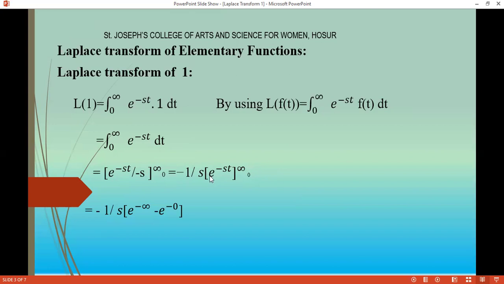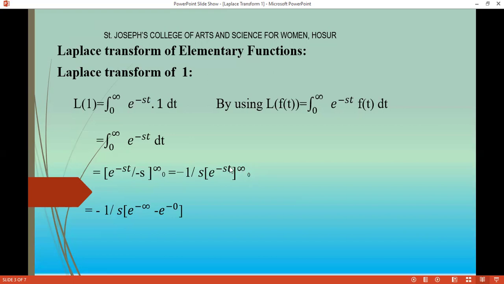After taking minus 1 by s outside, the remaining term is e power minus st, with the limit from 0 to infinity. Minus 1 by s is constant. In the place of t, we substitute the upper limit minus the lower limit.